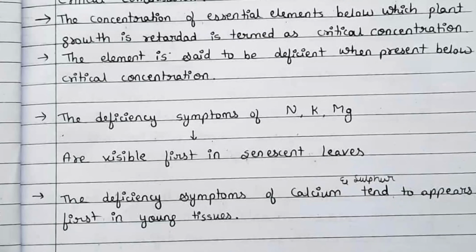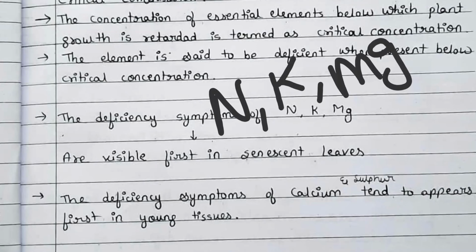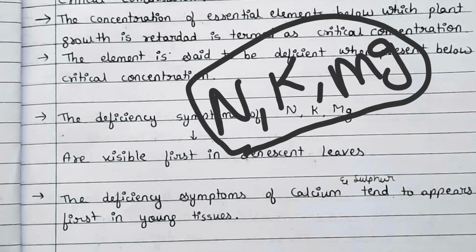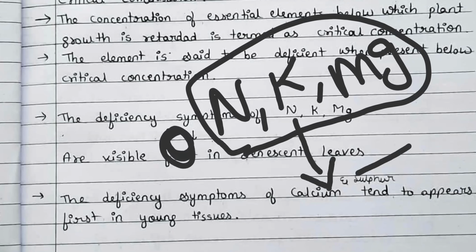One thing that you know: nitrogen, potassium, right? Here we are talking about these three: nitrogen, potassium, magnesium. These have the ability to undergo mobilization and transfer from the older part to the younger part of the plant, right?